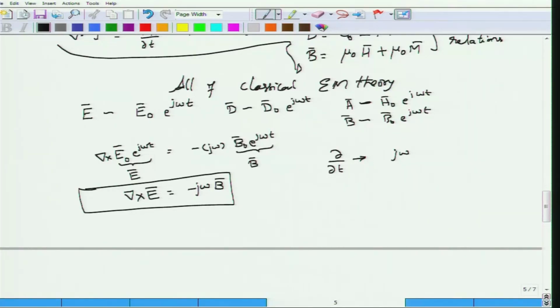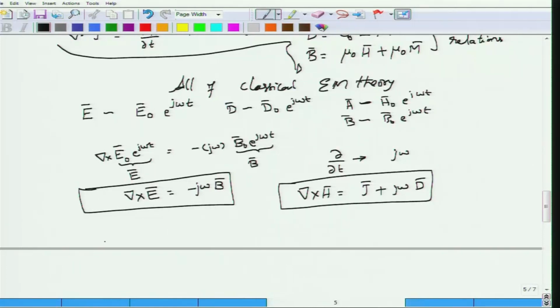Okay. So, with this I can write down all the other forms. I will leave them as an exercise to you. I have curl of H equal to J, and there is a del D by del t there. So, replace the del by del t by j omega, and this becomes j omega D. Then we have del dot B equal to 0 and del dot D equal to rho v, no change in these two equations.